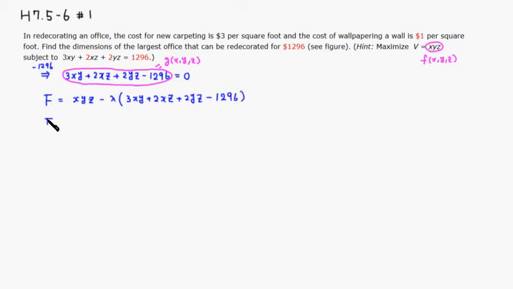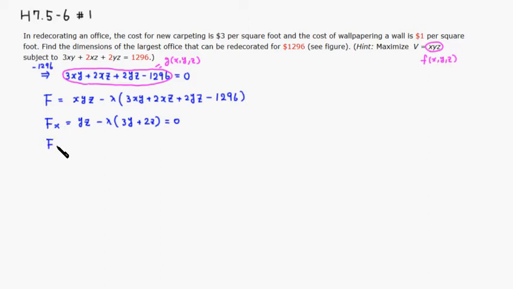So partial with respect to x is going to be yz, right, minus lambda, right, partial with respect to x, 3y, with respect to x, 2z, and 0 and 0. So set that equal to 0, right?